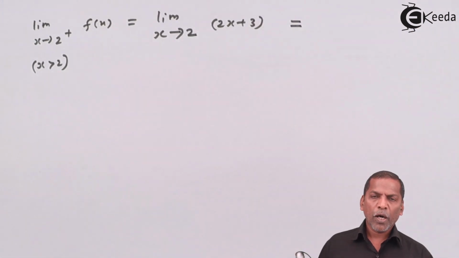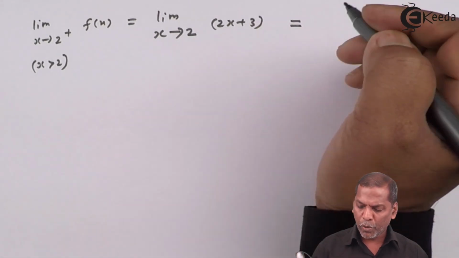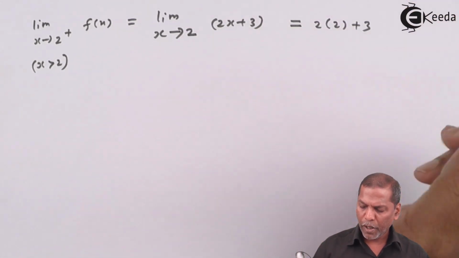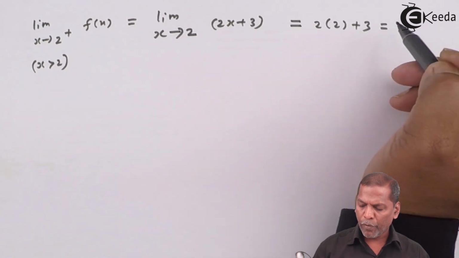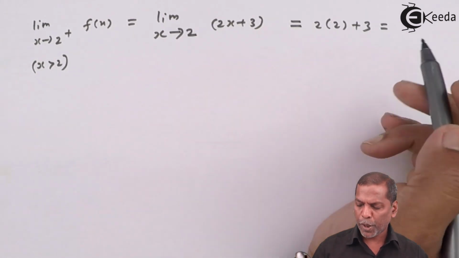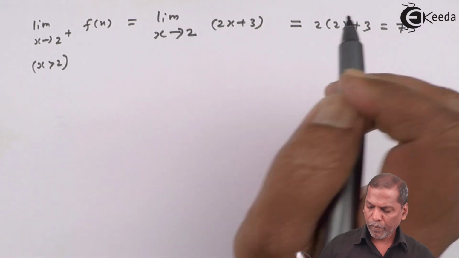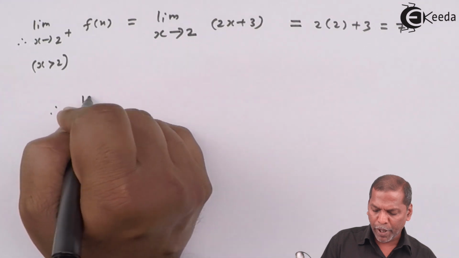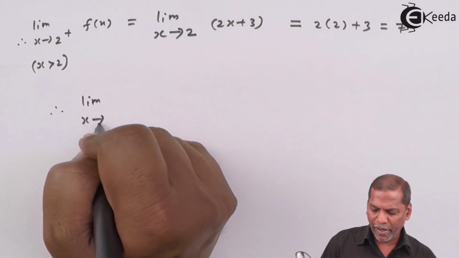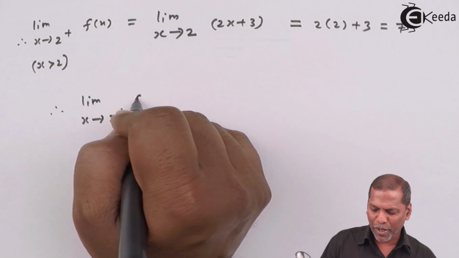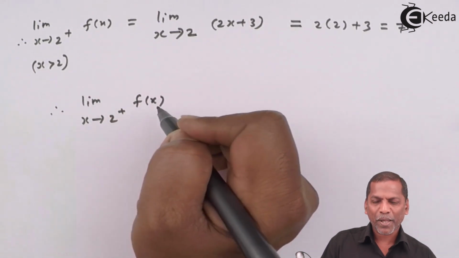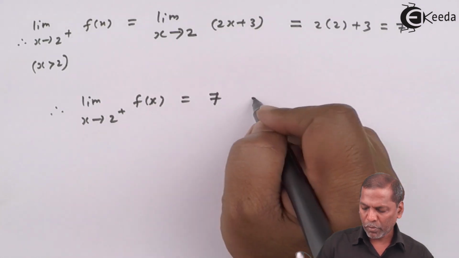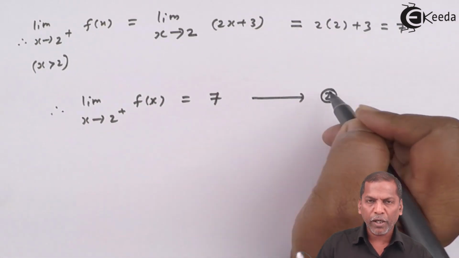That is equal to, now wherever x appears we substitute the limit 2, so we get 2 into 2 plus 3, and on solving we get 2 into 2 is 4, plus 3 is 7. So it means the right hand limit, that is limit x tends to 2 plus f of x, is equal to 7. Let us denote this as equation 2.